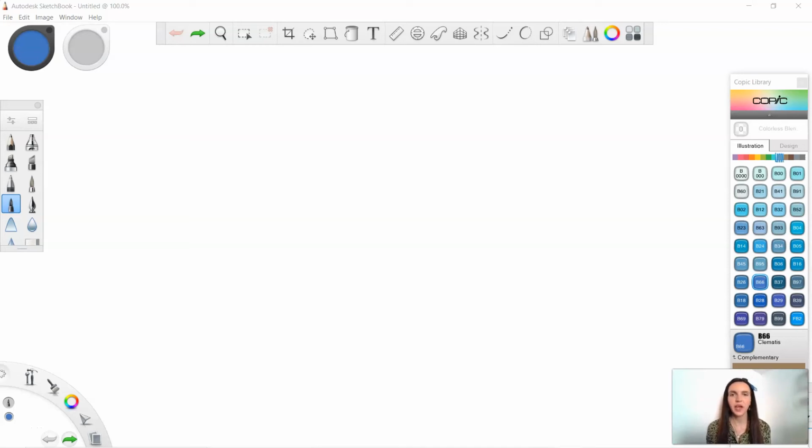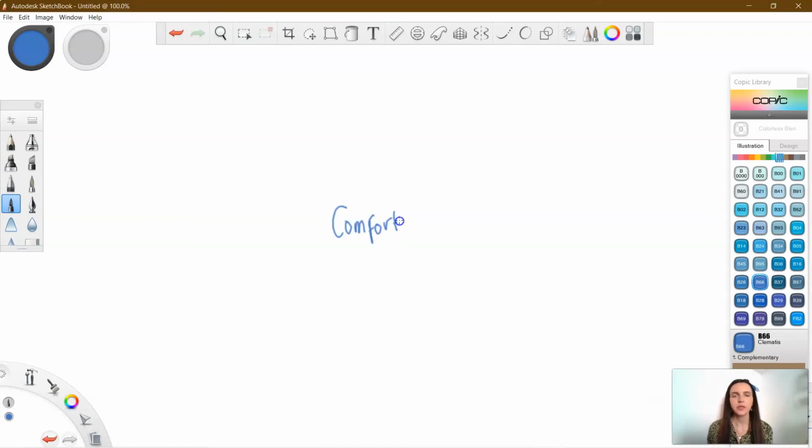Okay, so we're going to look at how to start analysing your context. You can do this with a 3-2-1 method that I'm going to take you through now, so you can see an example and then apply it to your project. So we're starting with the context of comfort. Now we're going to write down our steps. Our steps are 3, where and who.